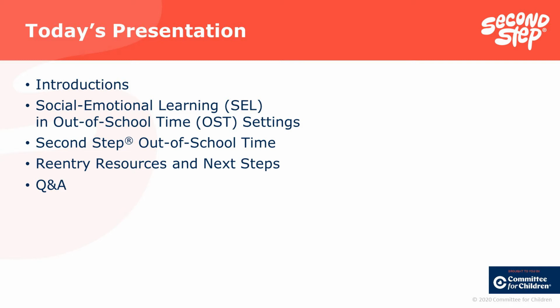And at the end, we are going to talk about the reentry resources that we have for everyone going into this school year in a really different way than we have in the past, considering the COVID-19 pandemic and racial injustice and things that are really top of mind right now. So we will touch on those resources and some next steps for you if you want to explore the program.